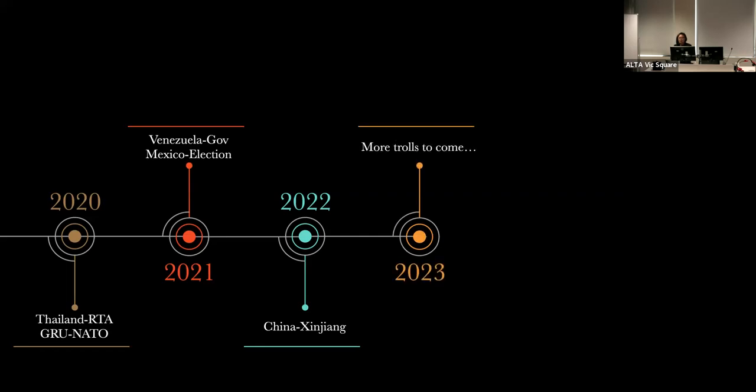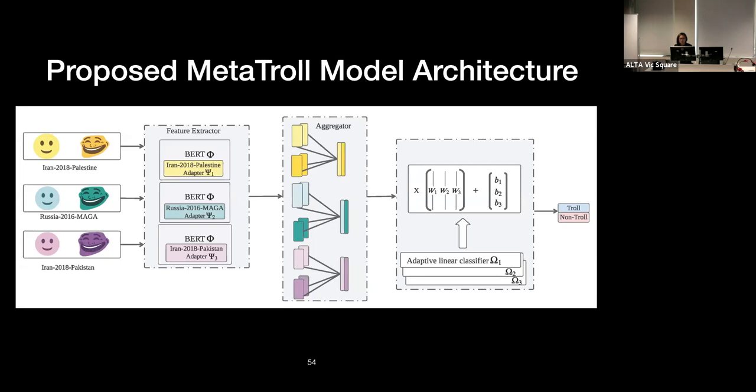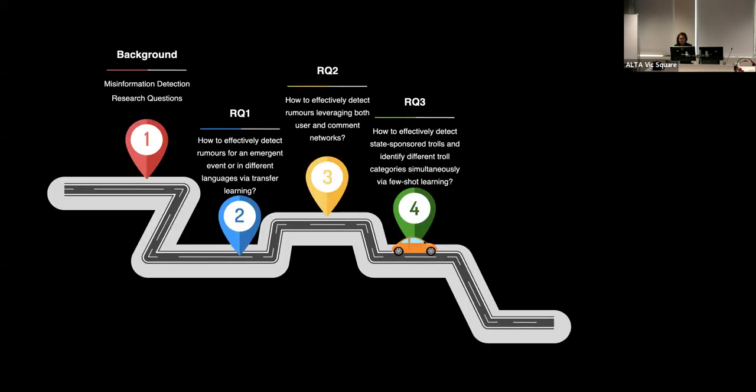So more trolls are to come next year. How should we detect them? And how should we use the limited data via few-shot learning to detect them? Here is our proposed Meta Troll model architecture. We try to use memory-based few-shot learning to detect the trolls with the limited data we have. So that's the current work we are doing. That's it. Thanks.